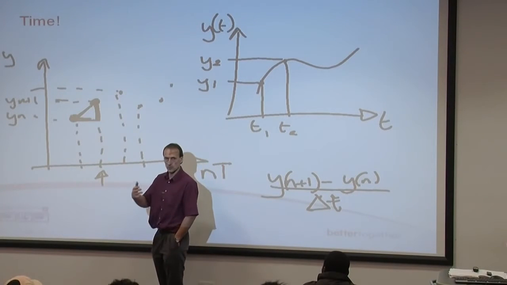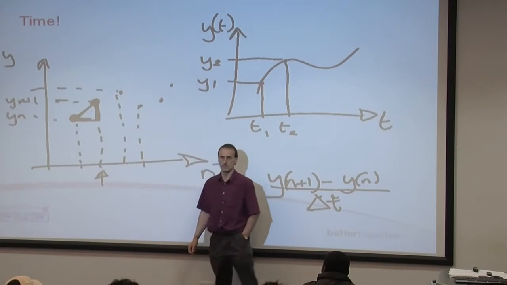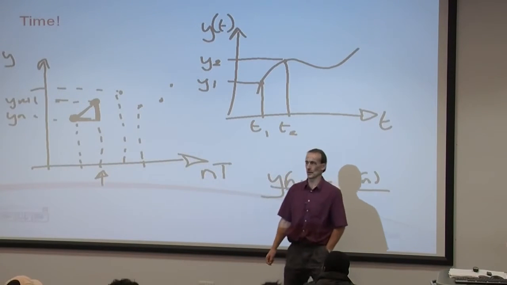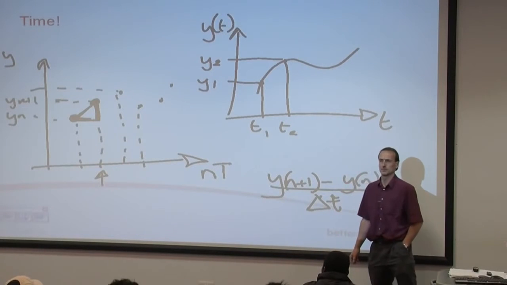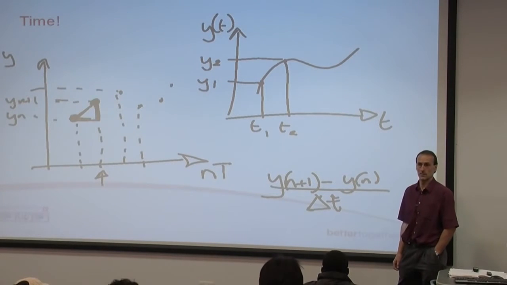Go back to school when you were first taught about these things. How would you approximate an integral from that? Somebody said it earlier on. You work out the area underneath.